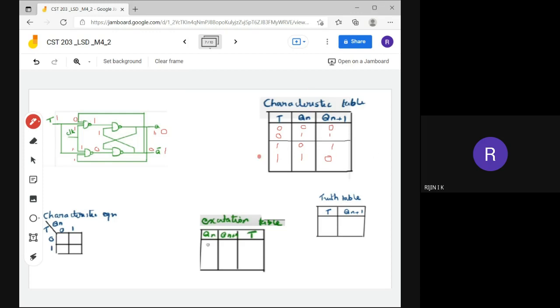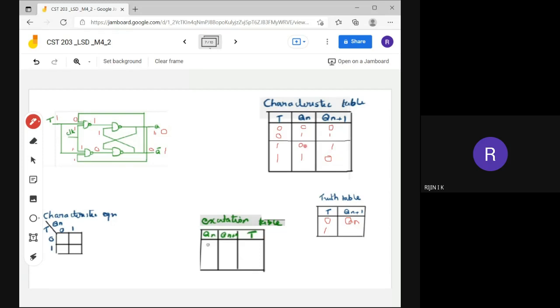From this characteristics table, you can find the truth table. First we are giving the input 0. If you give 0 as the input, Qn plus 1 is the same as Qn. And if T is equal to 1, what is Qn plus 1?